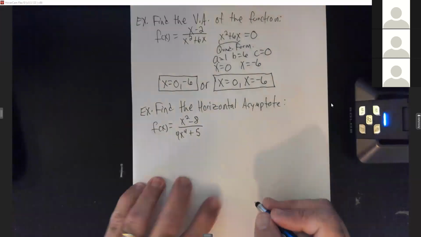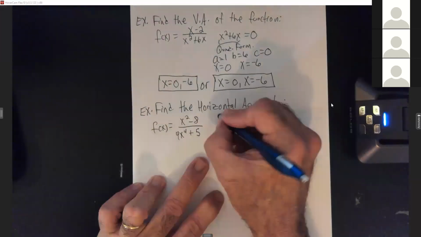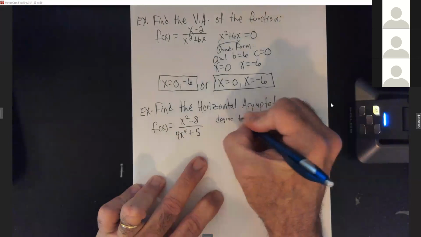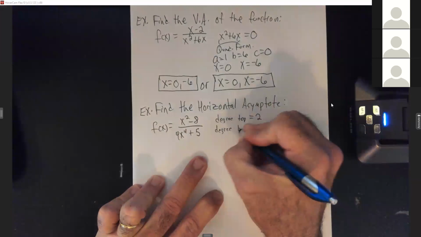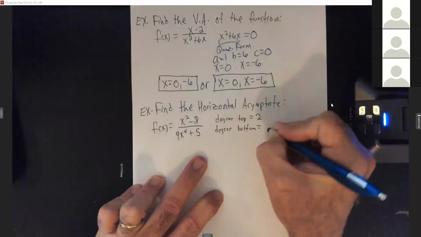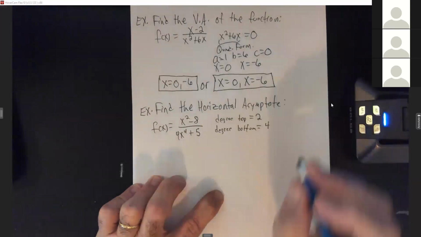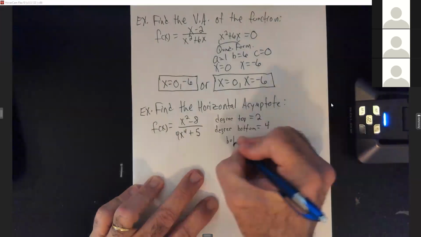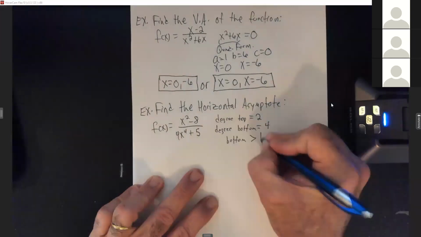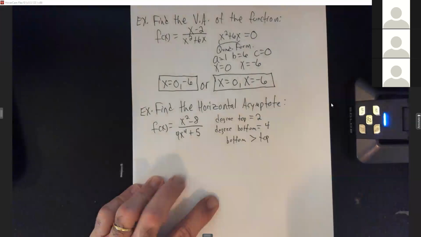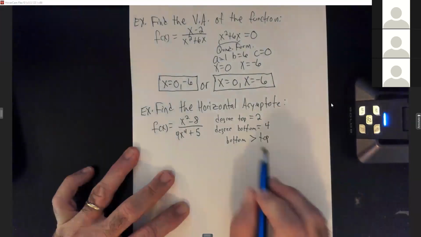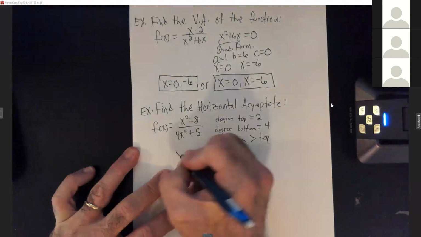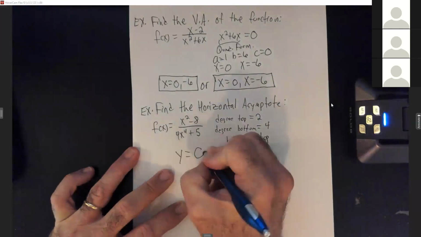So the degree on the top equals a 2. The degree of the bottom equals a 4. So the bottom is greater than the top on this one. And remember, on that chart I showed you, if the bottom was bigger than the top, it went off y equals 0.